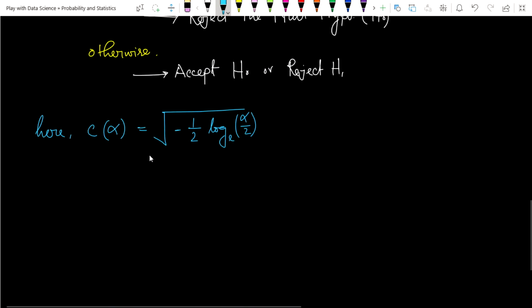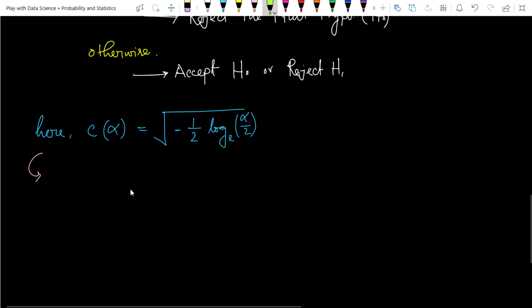Using this formula, there are some tables. I think it is better if you visualize it through a table.